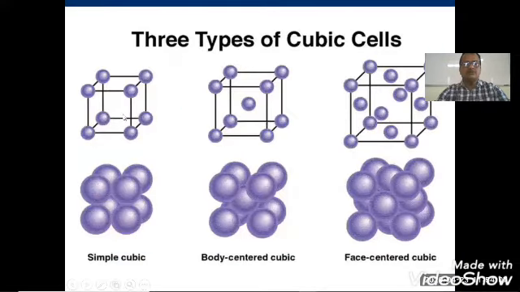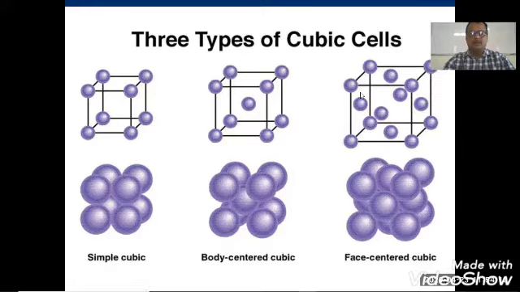So these were the three types of unit cell we discussed last class. This is the simple cubic unit cell, where units are present only at the corners. There is no unit present at other places, so it is called a simple cubic unit cell, and this is an example of a primitive unit cell.